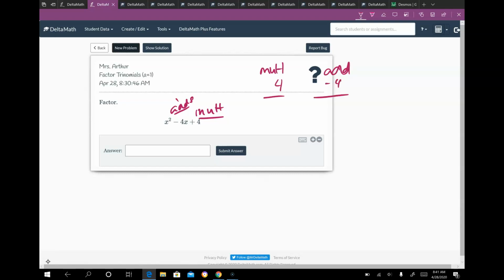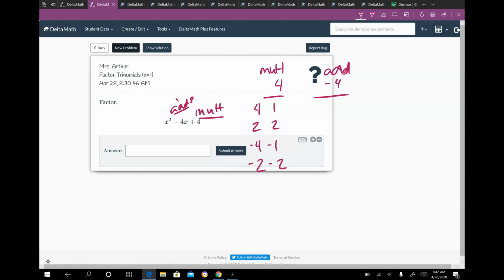Okay, so 4, I write out my multiples. 4 and 1, and then 2 and 2. Now, 1's got to be negative because when I add, I need to be negative, right? So a negative and a positive makes a negative, but a negative times a negative still gives you a positive. So those are also factors.